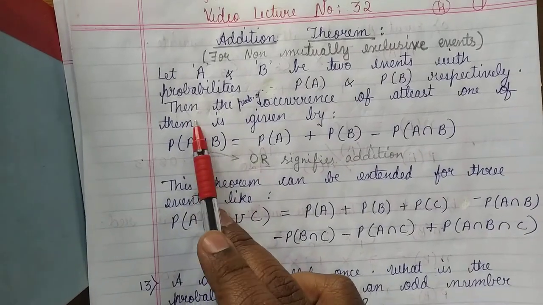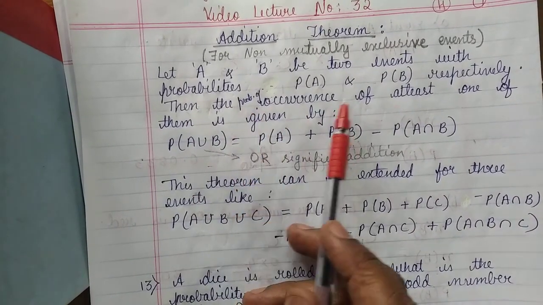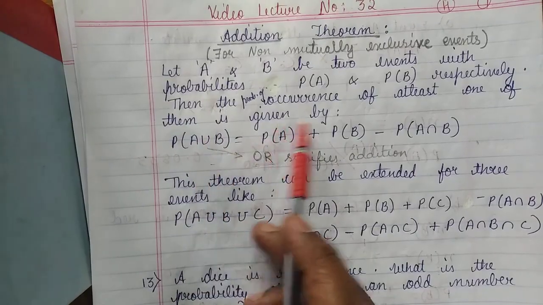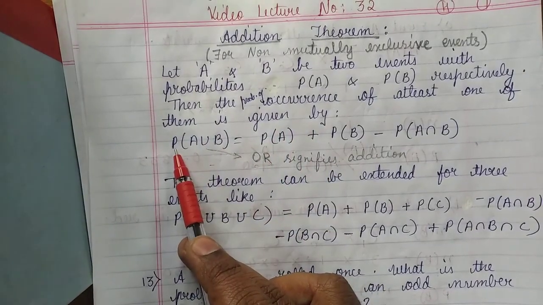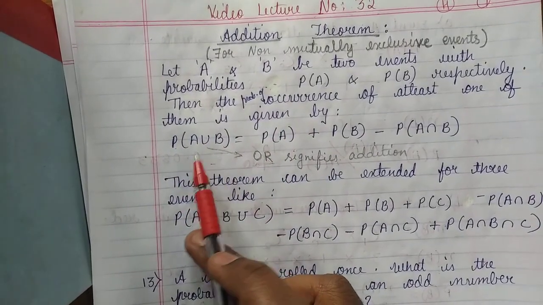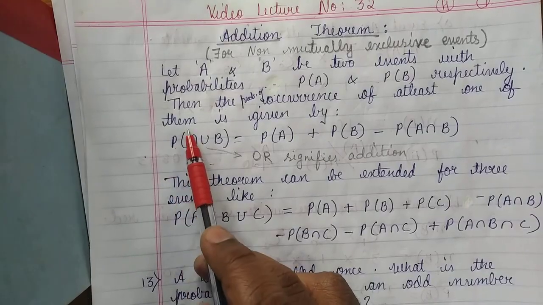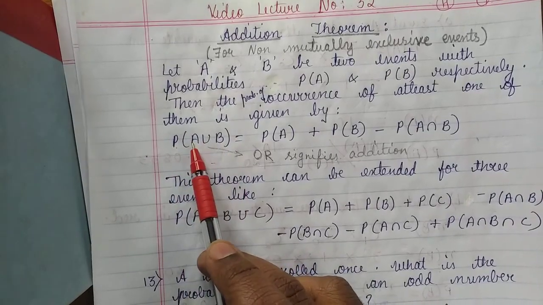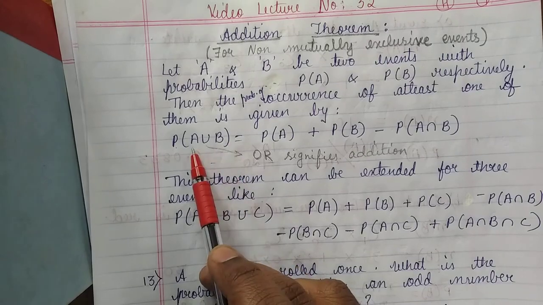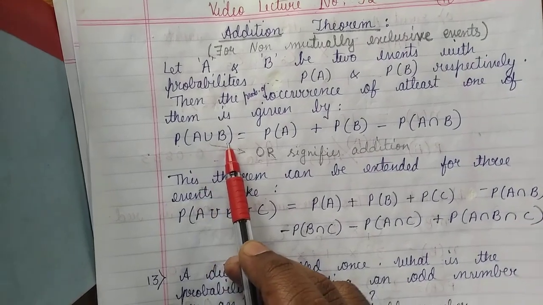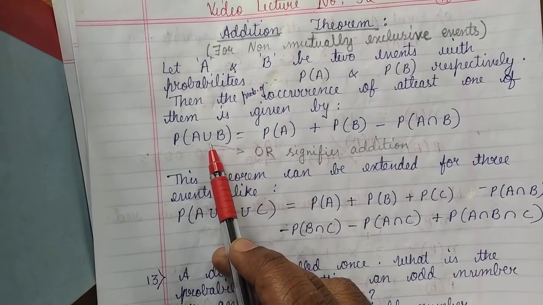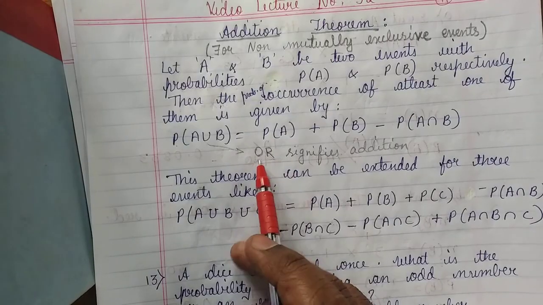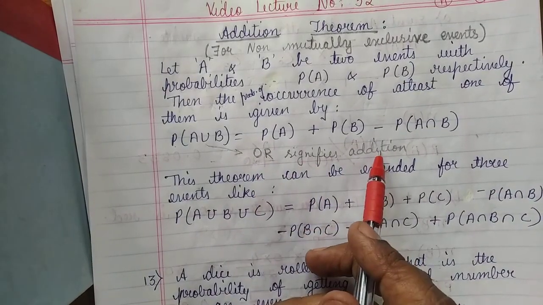Now the probability of occurrence of at least one of them is given by probability of A union B. Union signifies all, or it also signifies addition.